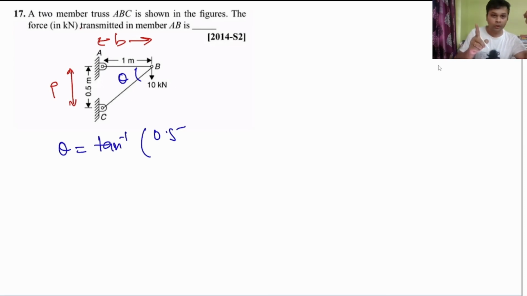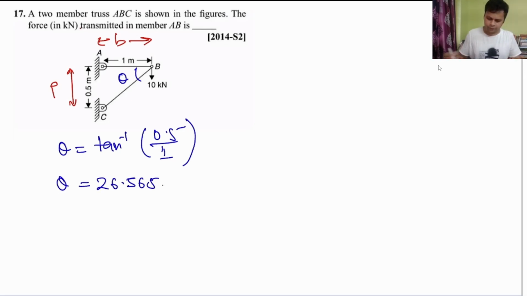I hope you know the shortcut trick, the mnemonic; if you don't, comment in the comment section and I will tell you. 0.5 divided by 1 is 0.5. Tan inverse gives 26.565. So theta is equal to 26.565.